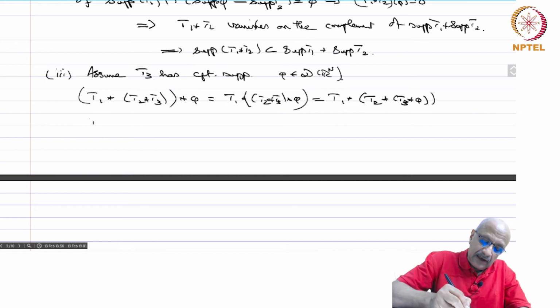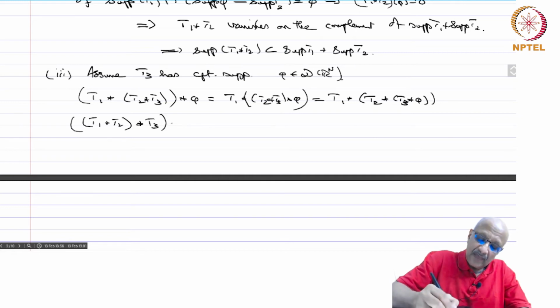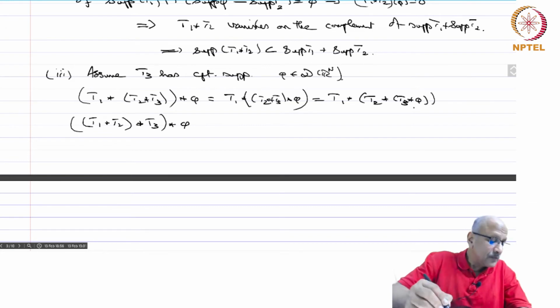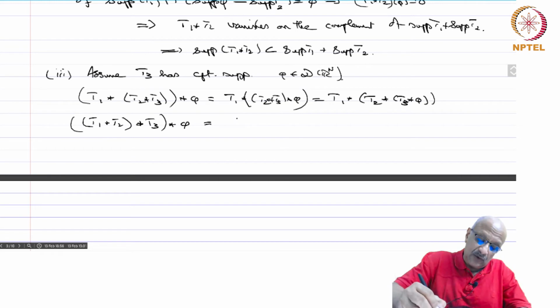And then T1 star T2 star T3 star phi. Now the last one is possible because T3 star phi is a C infinity function with compact support, because phi and T3 both have compact support. Okay, now this is equal to T1 star T2 star T3 star phi.